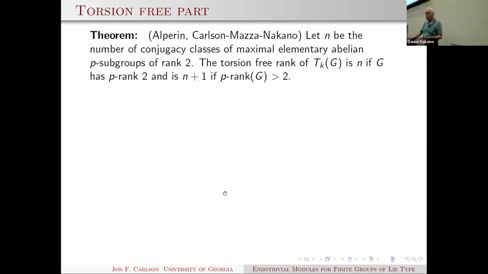You just have to figure out how many conjugacy classes you've got of elementary abelian p-groups. Dan and Nadia Mazza and I extended Alperin's theorem using different methods to all groups, whereas Alperin only proved it in the case of p-groups.